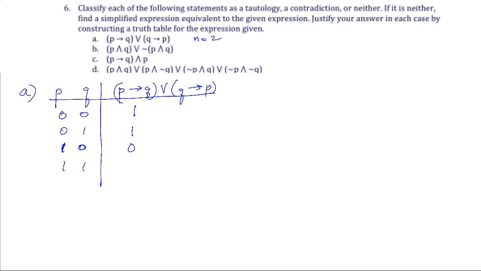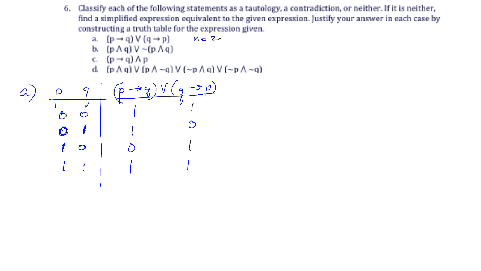If I have a true premise and a true conclusion, it's also true. Now I'm going to evaluate if Q then P. This one is only false if the premise, which is Q, is true, whereas the conclusion, which is P, is false. This is the only case, this row 2, when that one is false. So I have 1 and 1 and 1.